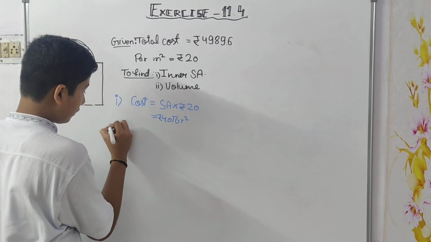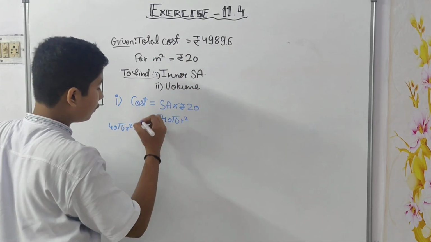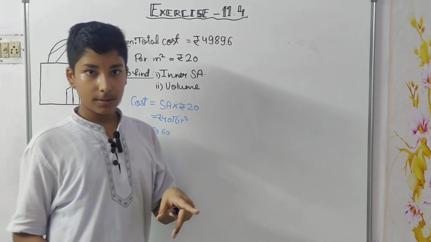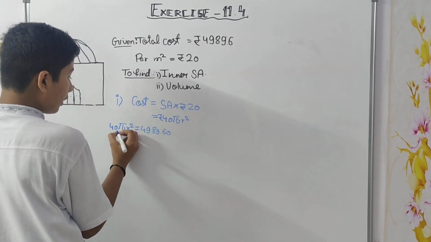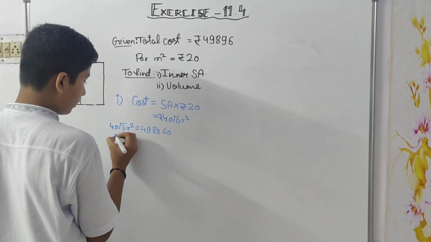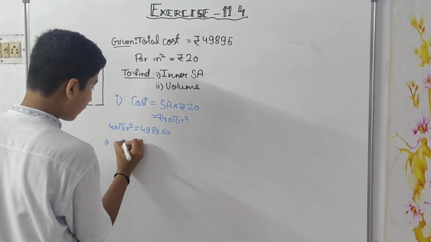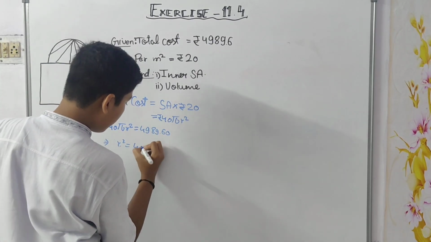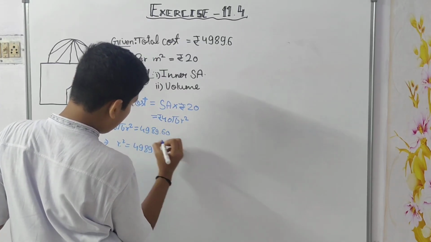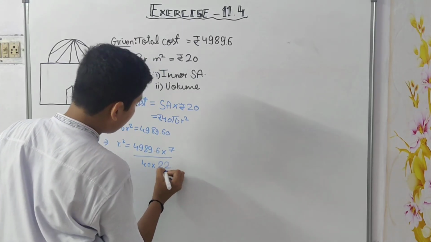So 40 pi r square equals 4989.60. Let's solve this. 40 into 22 by 7 into r square equals 4989.6, so r square equals 4989.6 multiplied by 7 divided by 40 into 22.